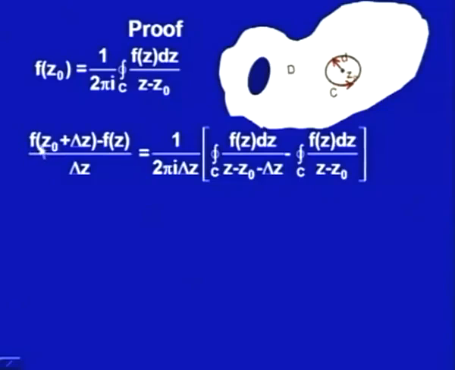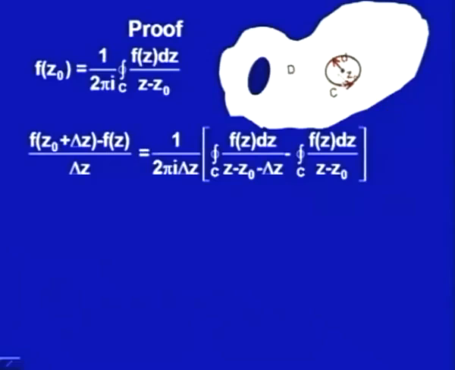I take the point z naught plus delta z in a small neighborhood of z naught, taken in a manner such that it is also inside this contour C.